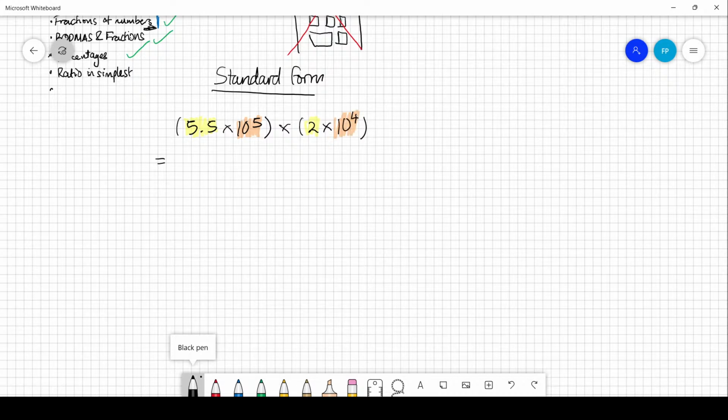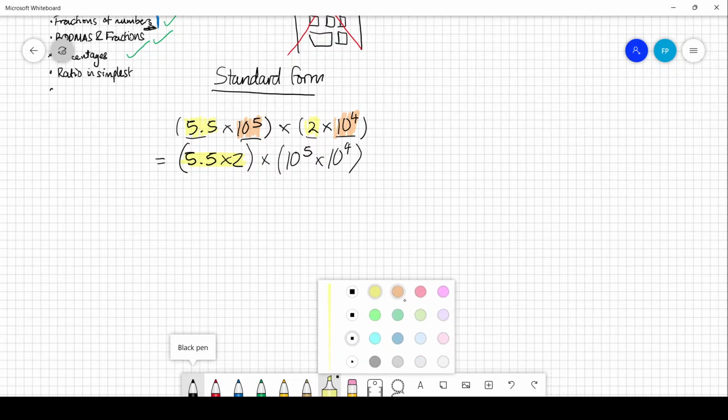So what we do is we multiply these two numbers together first. So we have 5.5 times 2. We'll put this in brackets to make it look separate. And then we'll collect these two powers of 10. So we have 10 to the power of 5 times 10 to the power of 4.